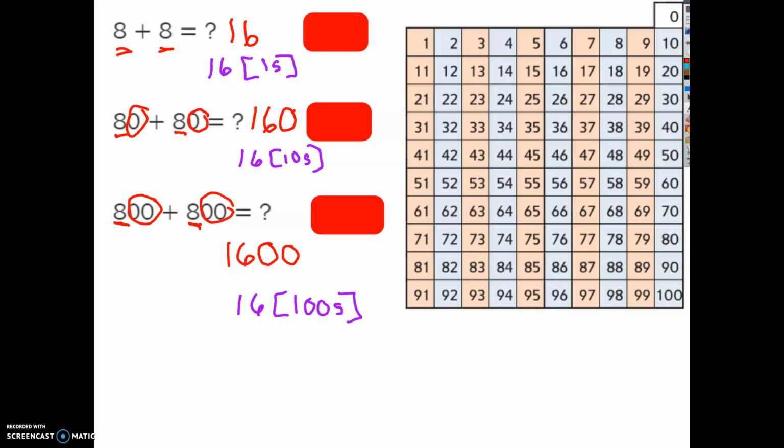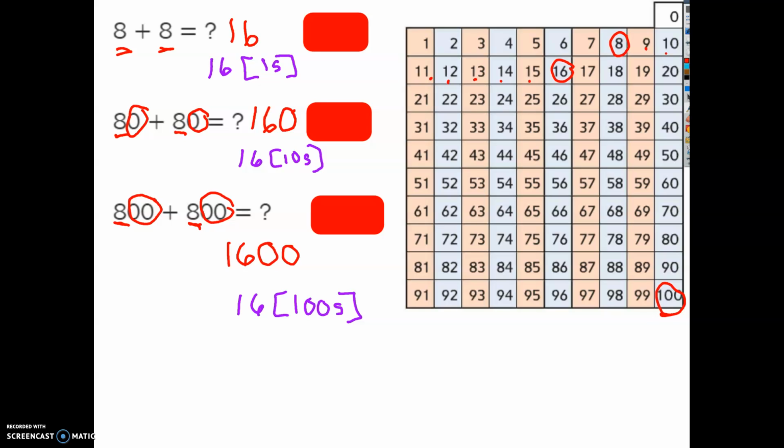Now over here on the right hand side, I do have a number grid. We can use this to solve some of our problems, but we can't use it to solve all of our problems because it only goes to 100. So I can use it for 8 plus 8. Let's say I did not know 8 plus 8. So I start at 8, and I'm going to just add on 1, 2, 3, 4, 5, 6, 7, 8, and I'll get 16.